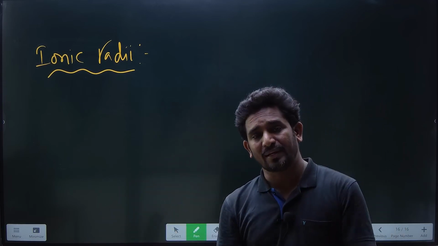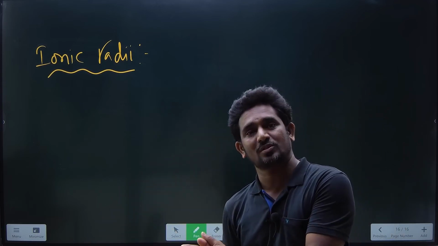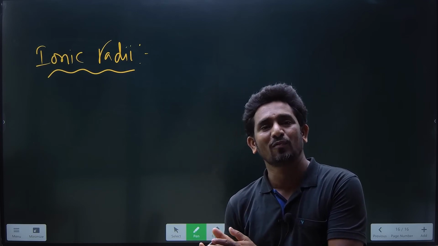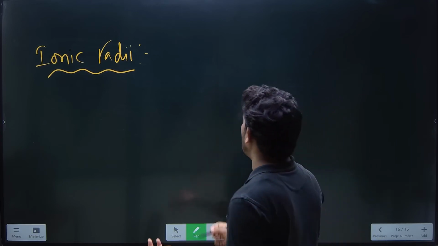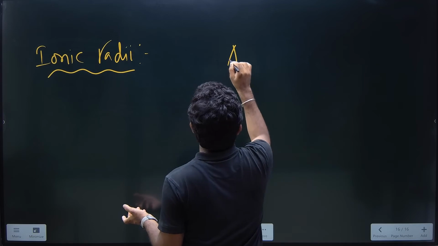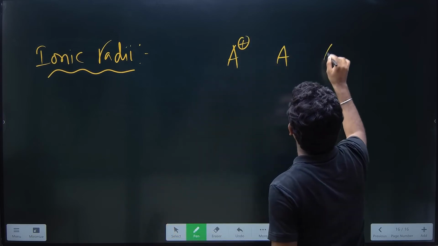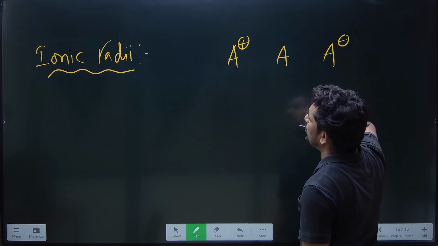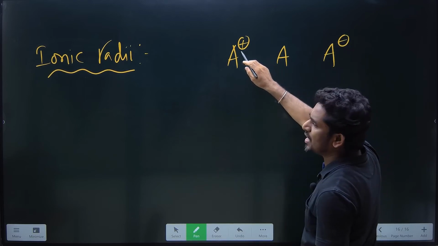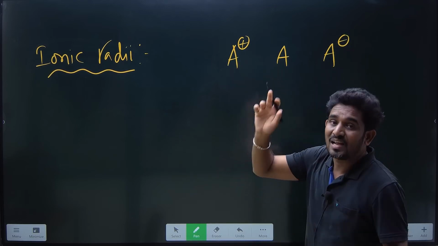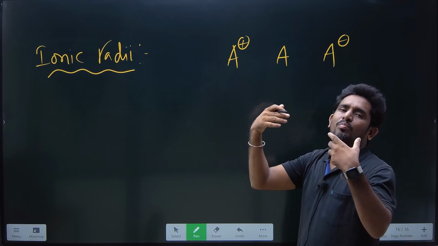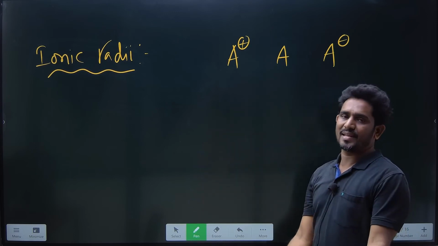The d block metals will form cations. The d block elements will form cations. Okay, always remember, a cation, a neutral atom and an anion. Which is having more size? The more the positive charge, the smaller the size, the less the radii.